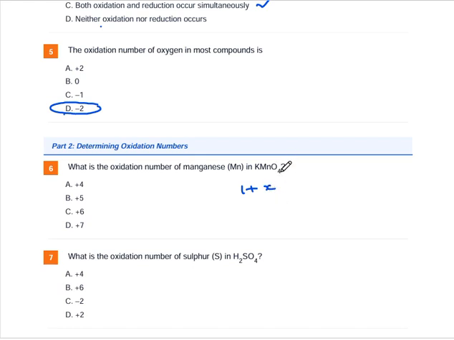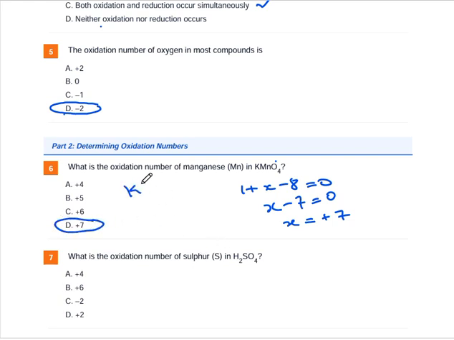The oxidation number of oxygen is minus 2, so minus 2 times 4 is minus 8. And all must be equal to 0 because the compound is neutral. So X plus 1 minus 8, which is minus 7, equals 0. So X equals plus 7. So the oxidation number of manganese is plus 7.